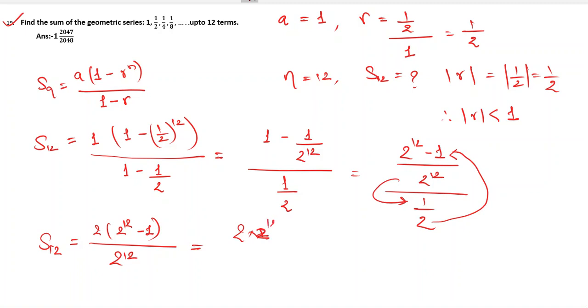I'll multiply that 2 inside the bracket, minus 2 into 1, the whole upon 2 raised to 12. So 2 into 2 raised to 12 is 2 raised to 13 minus 2 upon 2 raised to 12.